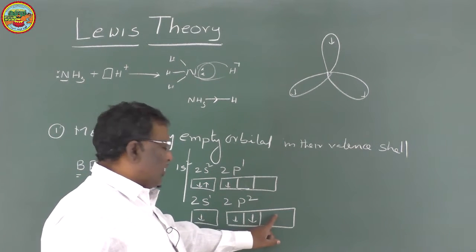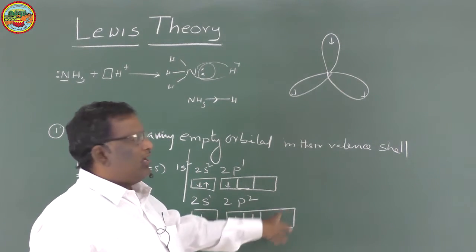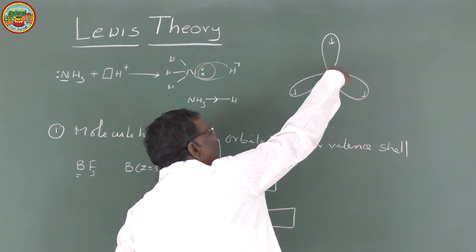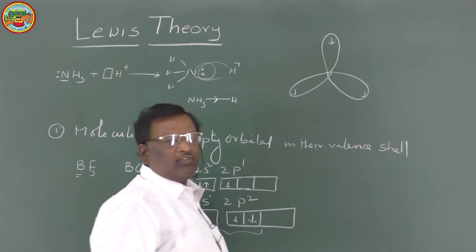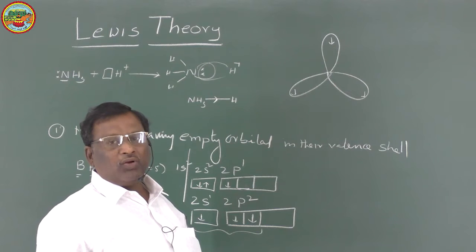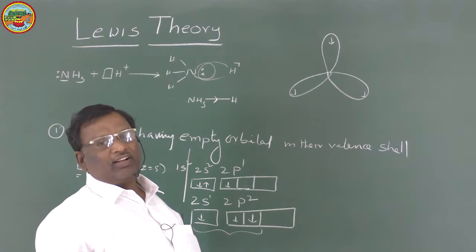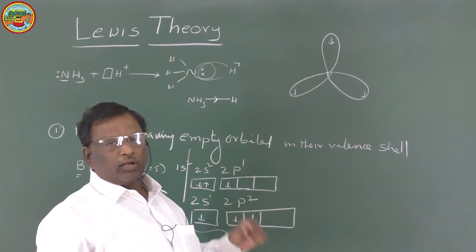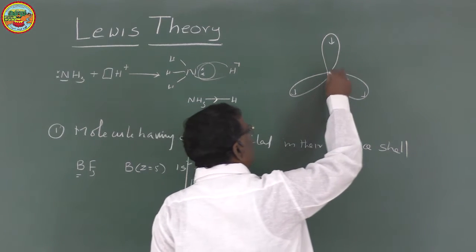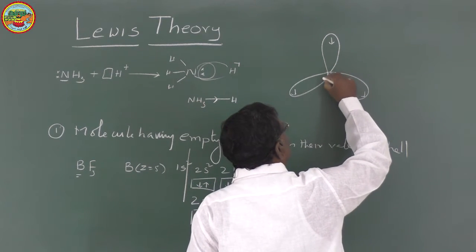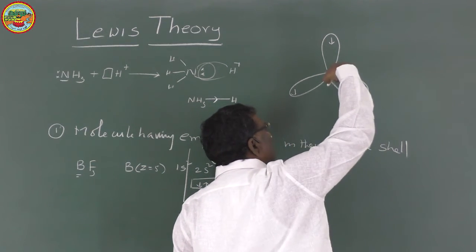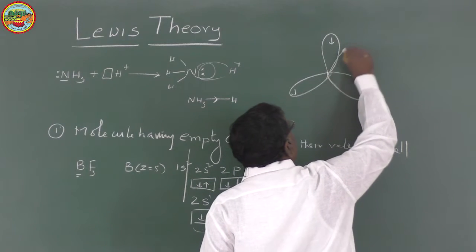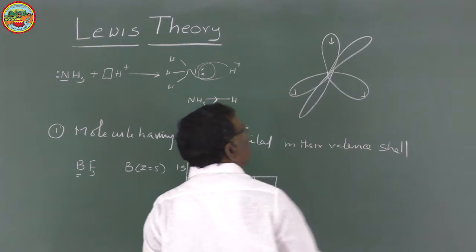Here one empty p orbital remains. This empty p orbital lies perpendicular to the plane of these orbitals, and it can take 2 electrons. Let us represent this empty orbital. Actually it is 90 degrees perpendicular, but I am just representing it like this.